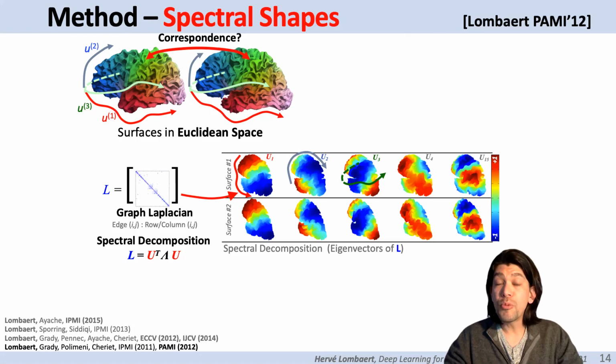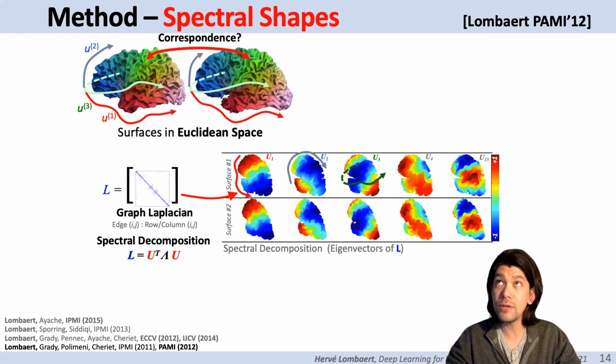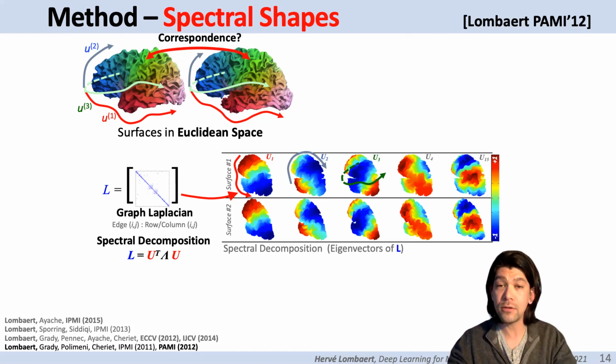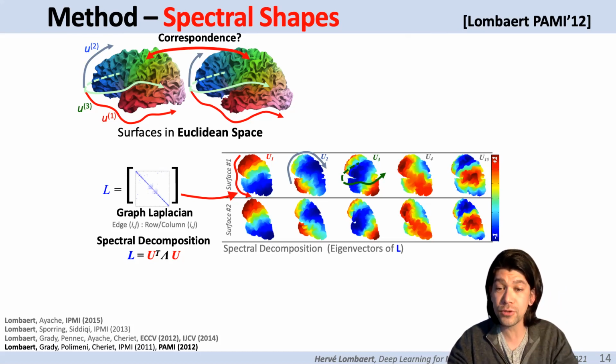Here is another way to represent shapes. Instead of plotting the points using the x, y, z coordinates, which is what you get here, what if you plot them using those first three shape coordinates? For every point, you plot using MATLAB, Python, whatever, not the x, y, z coordinates, but the first three spectral coordinates, the shape coordinates.